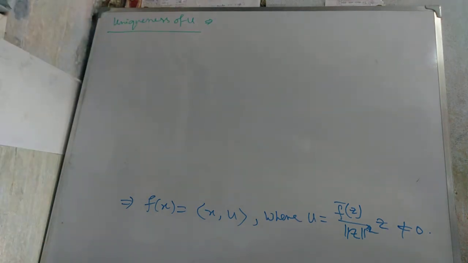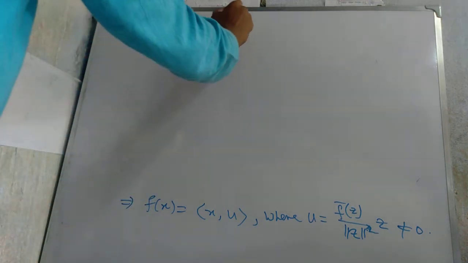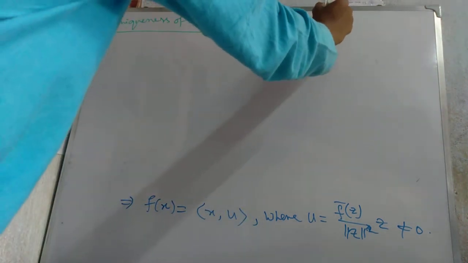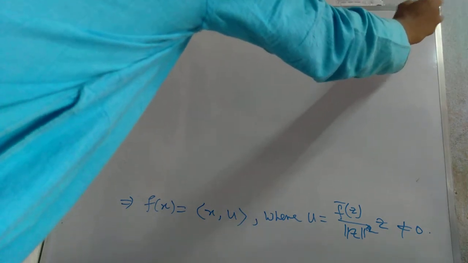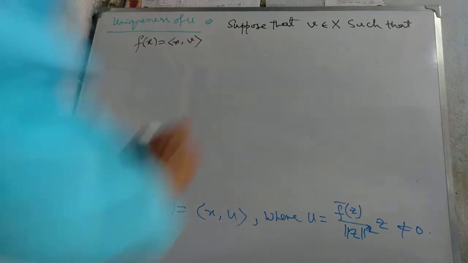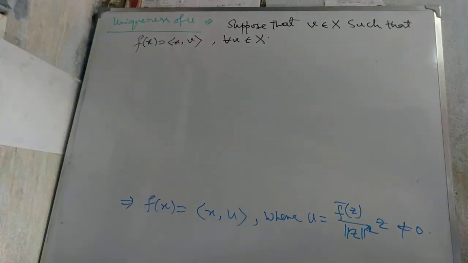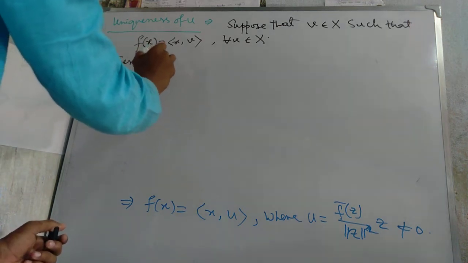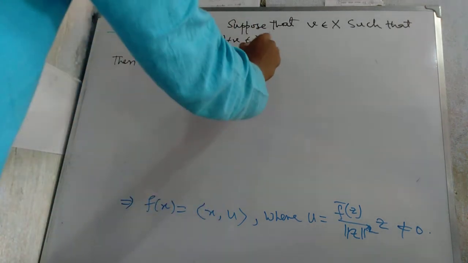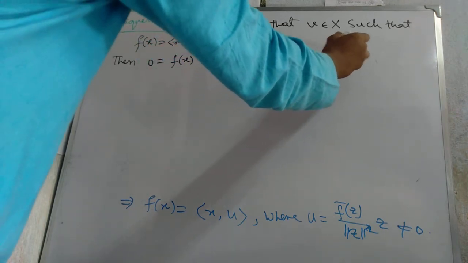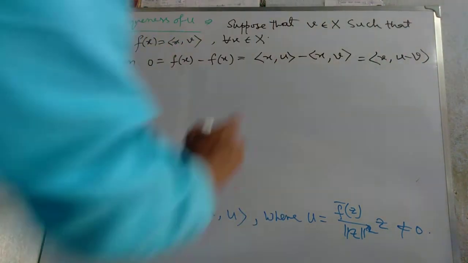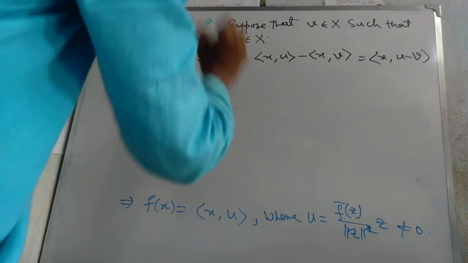Suppose that v belongs to X such that f(x) equals the inner product of x and v for all x belonging to X. Then 0 equals f(x) minus f(x), which equals the inner product of x and u minus the inner product of x and v, which equals the inner product of x and u minus v. This implies u equals v.